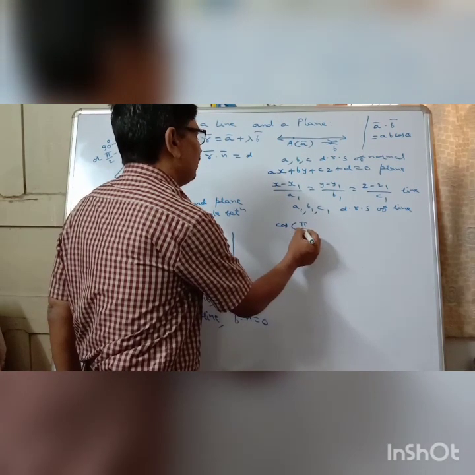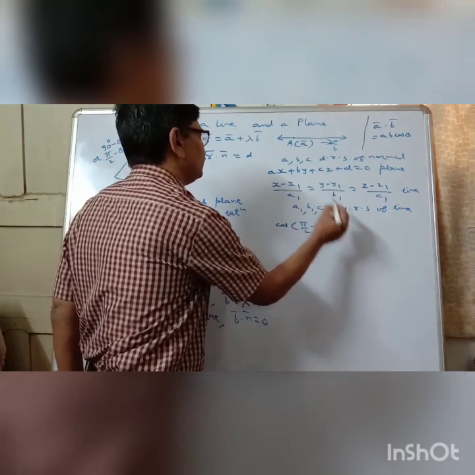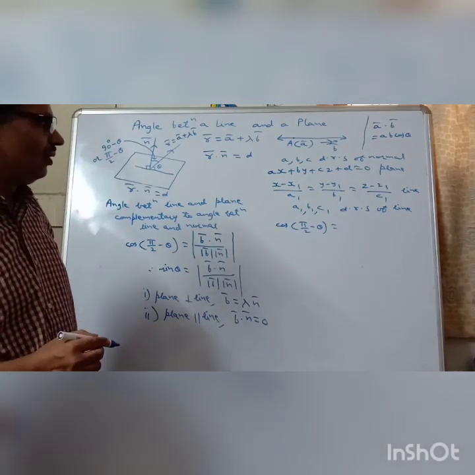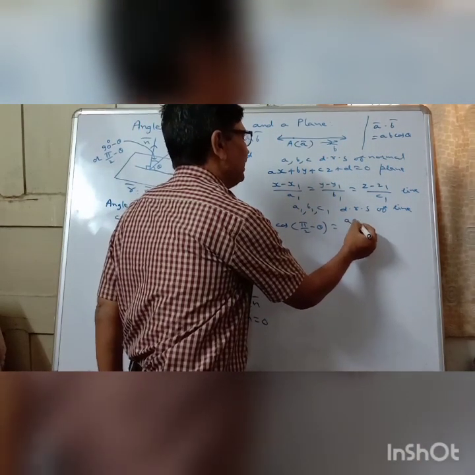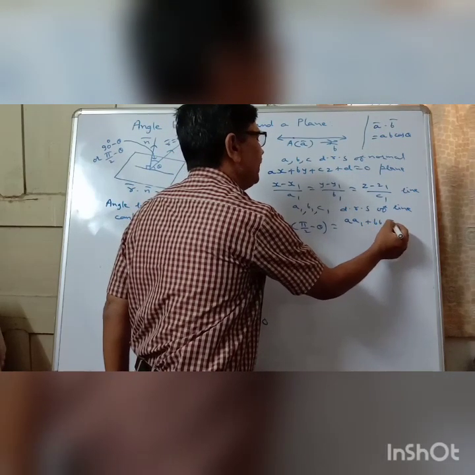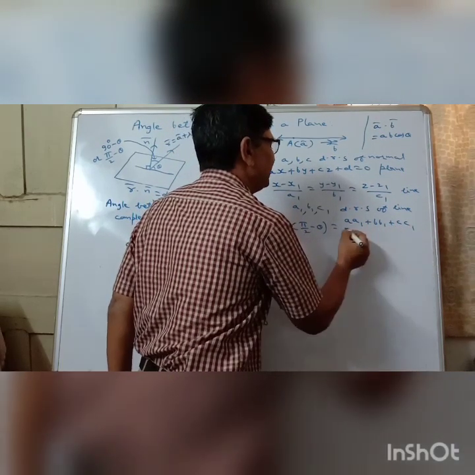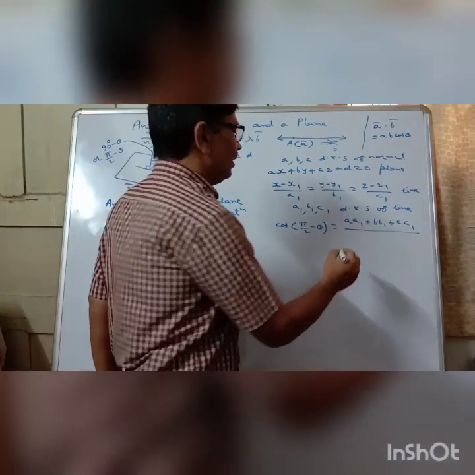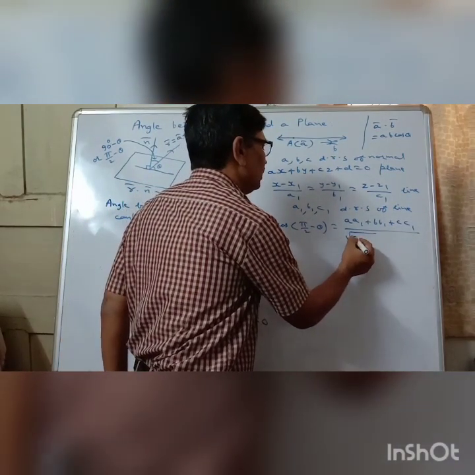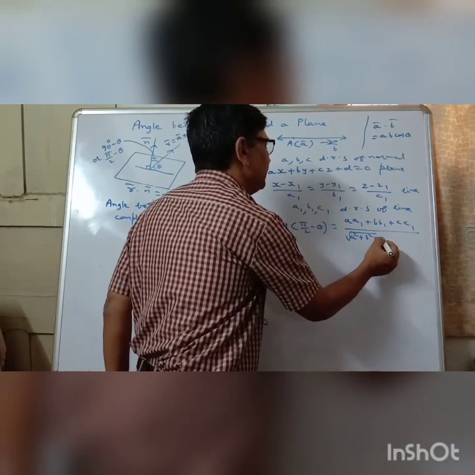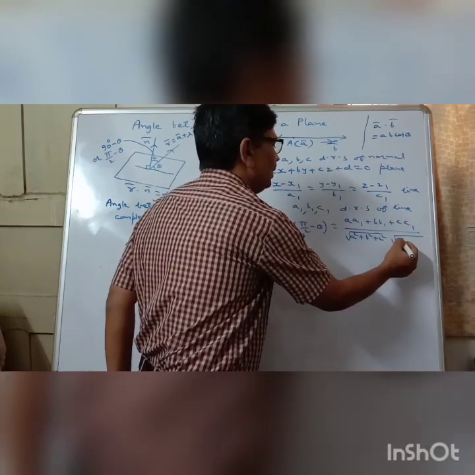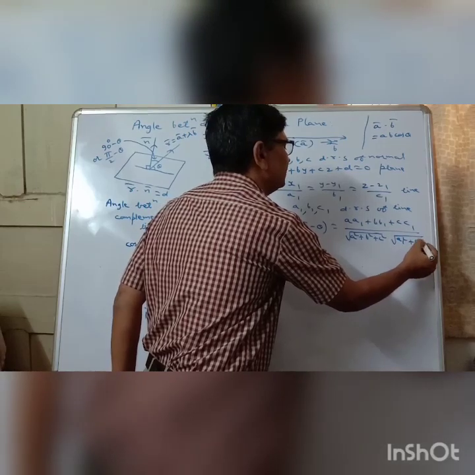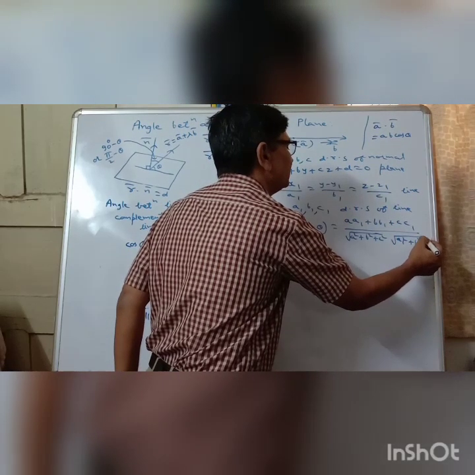the angle between them is pi by 2 minus theta. Cos pi by 2 minus theta is given by A A1 plus B B1 plus C C1 divided by under root A square plus B square plus C square into under root A1 square plus B1 square plus C1 square.